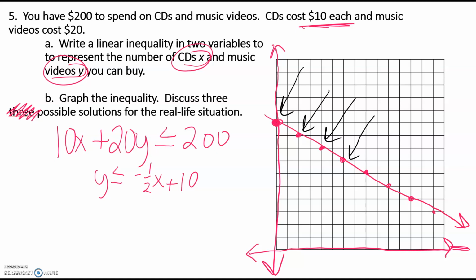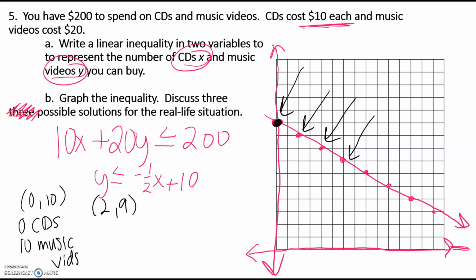So I'm going to pick this first one here. Okay, this is the point (0, 10). (0, 10) says I'm buying 0 CDs and 10 music videos. That is one real life situation. Okay, the next one, my next point down is (2, 9).